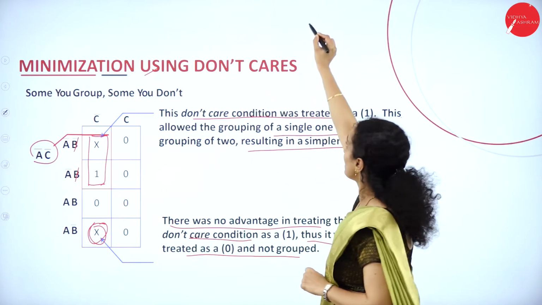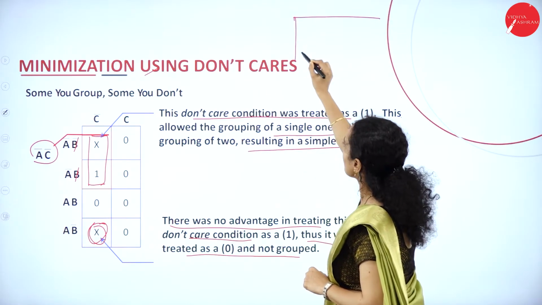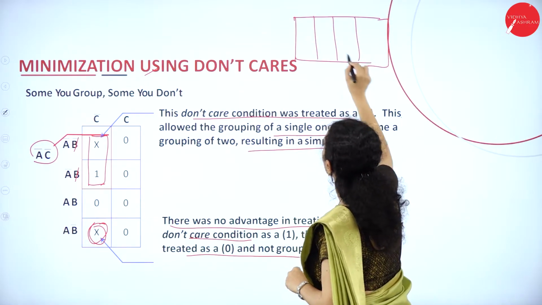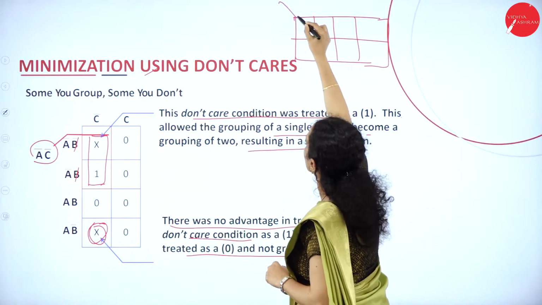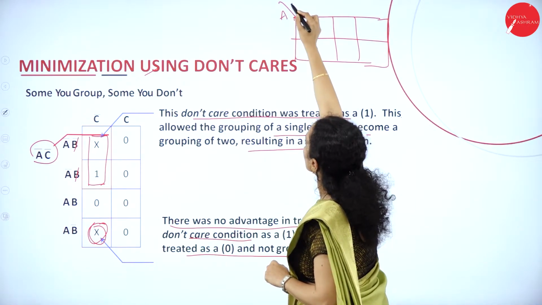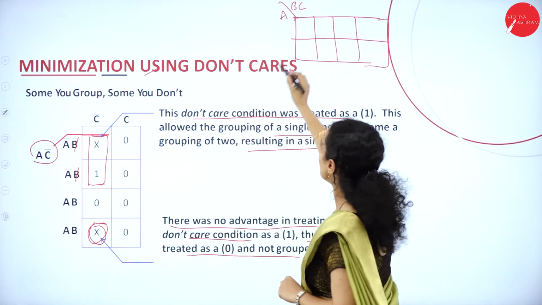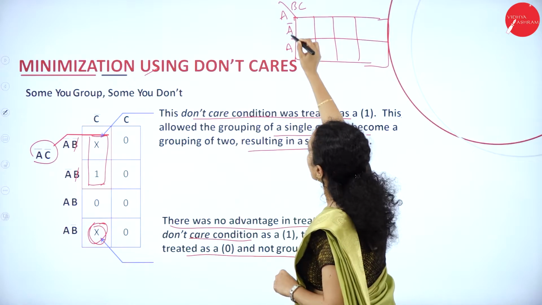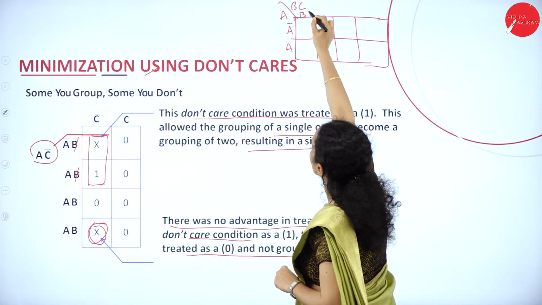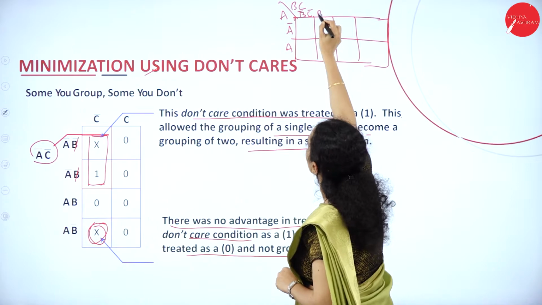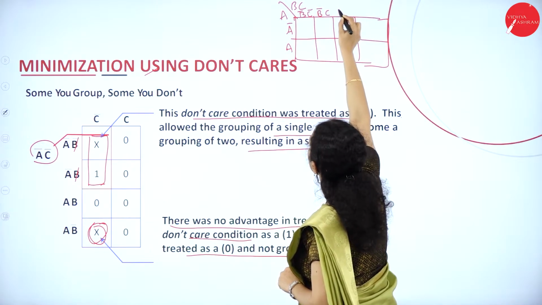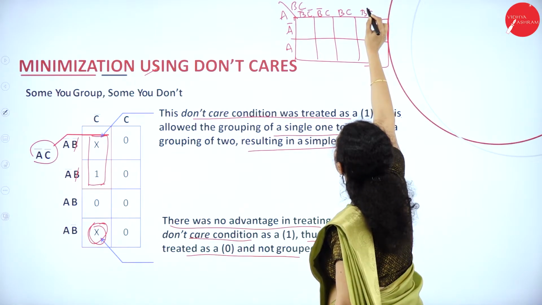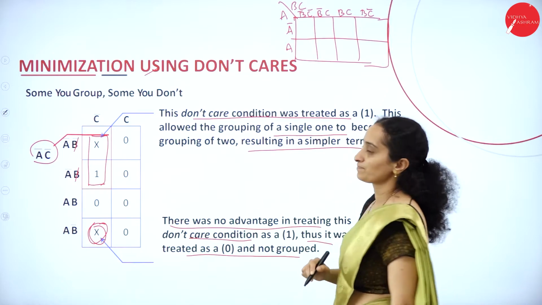If you take another example, like this, A, B, C. So I will take A dash, A. Now we have B dash C dash, B dash C, BC and B C dash.